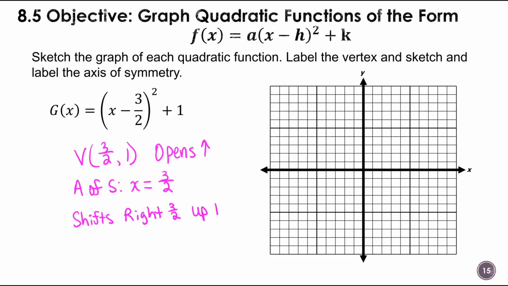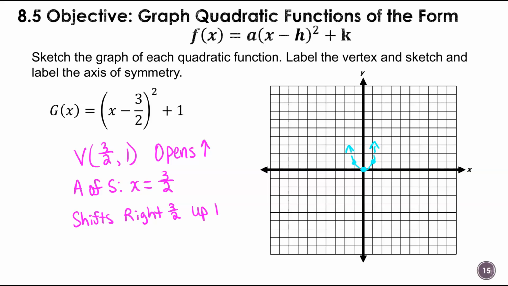Now because this one has an a of 1, there's not going to be any multiplying, which makes that a little bit easier. So let's see what we can do here. My standard parent graph, common graph, it's called a few different things depending on the book, has these points, right?